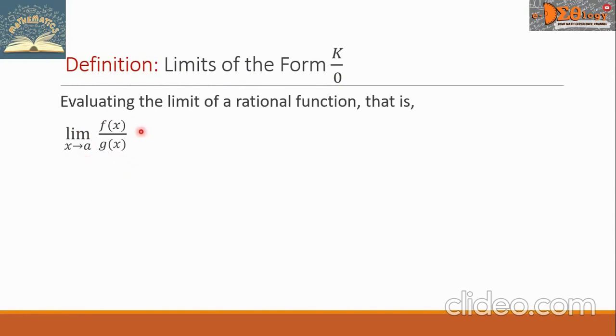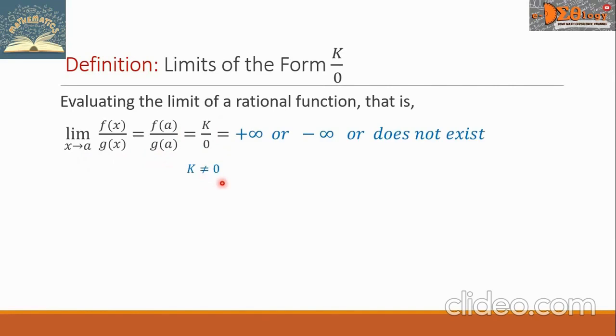We can evaluate this limit by doing f of a over g of a. And sometimes the answer will have k over 0. The value k here is not equal to 0.